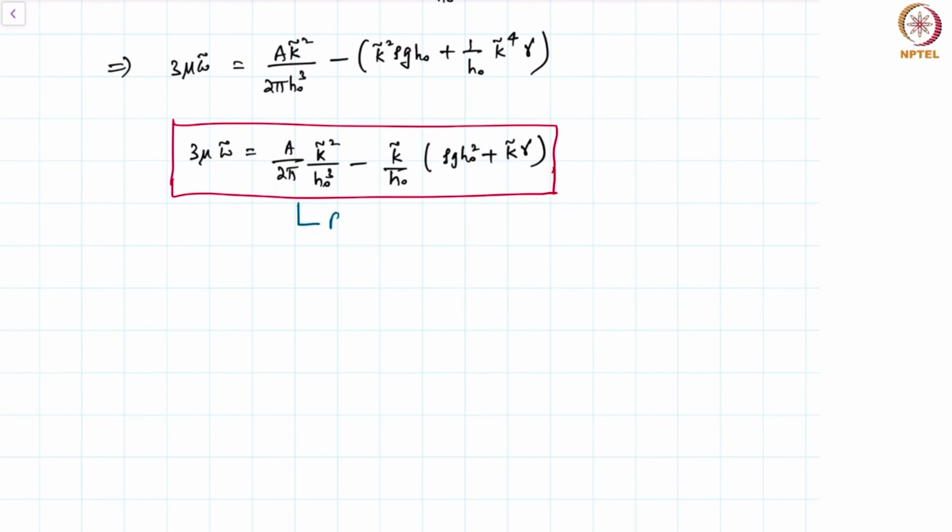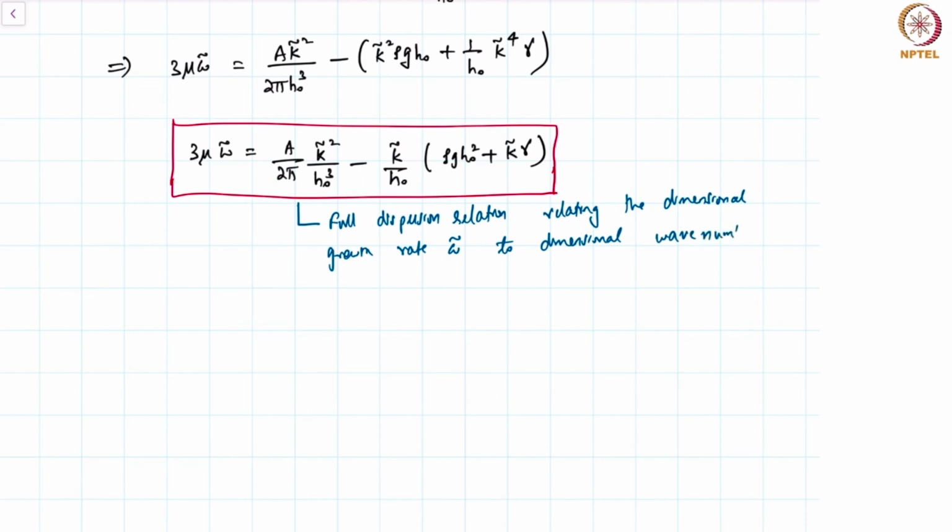What is this? This is the full dispersion relation relating the dimensional growth rate omega tilde to the dimensional wave number k tilde for various values of A, the Hamaker constant, gravity G, density rho, surface tension gamma, and finally the thickness of the thin film H naught.